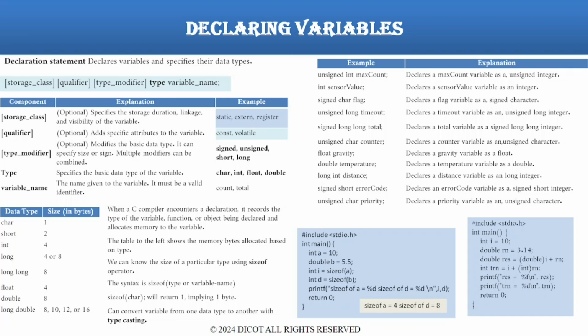In the first case, we are trying to typecast i to double, and in the second operation, variable rn is typecasted to an integer. So we have two output variables res and trn. The output in this case is res equal to 13.14 and trn is equal to 13.